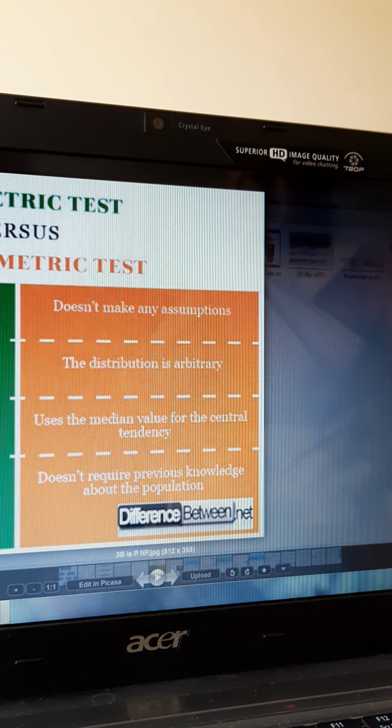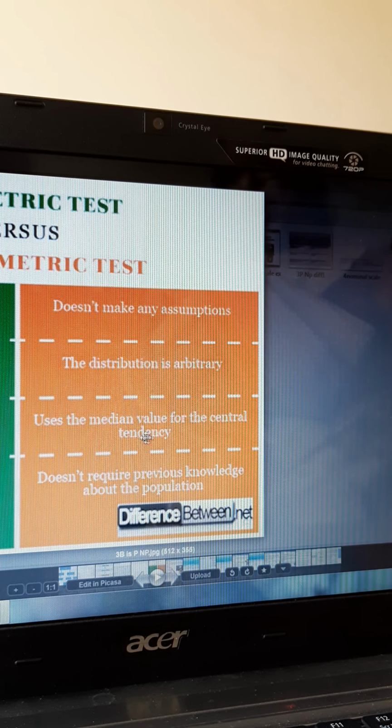Fine. So now next last one, it doesn't require previous knowledge about the population. Clear? So these are the distinguishing points: what is parametric data, what is non-parametric data.